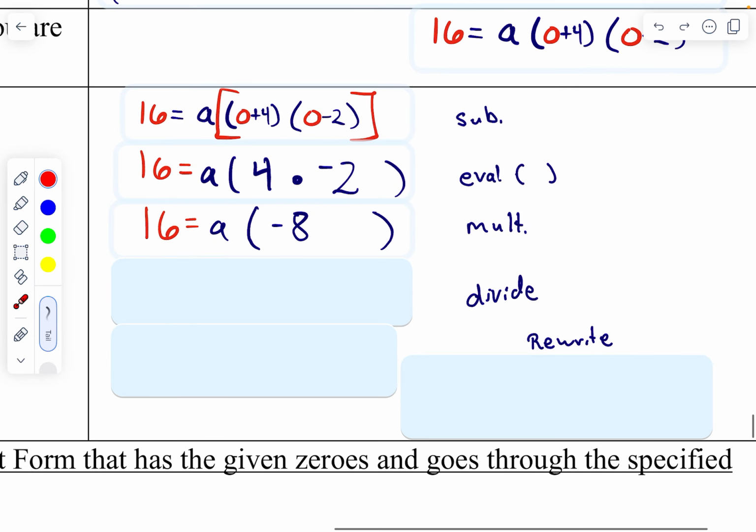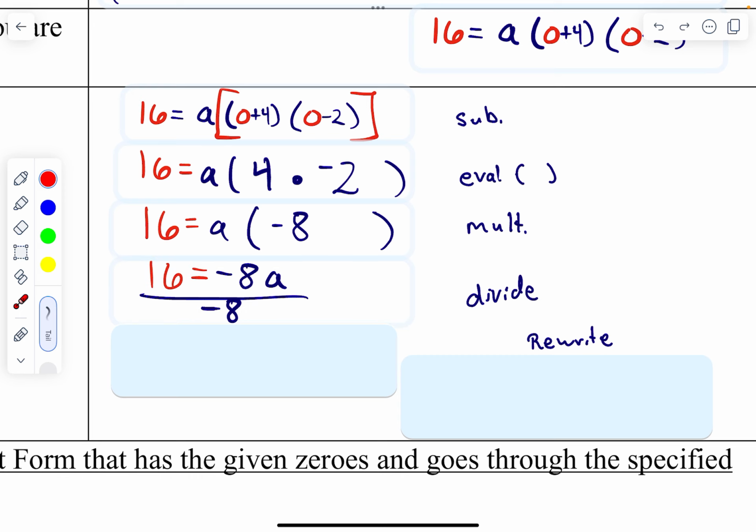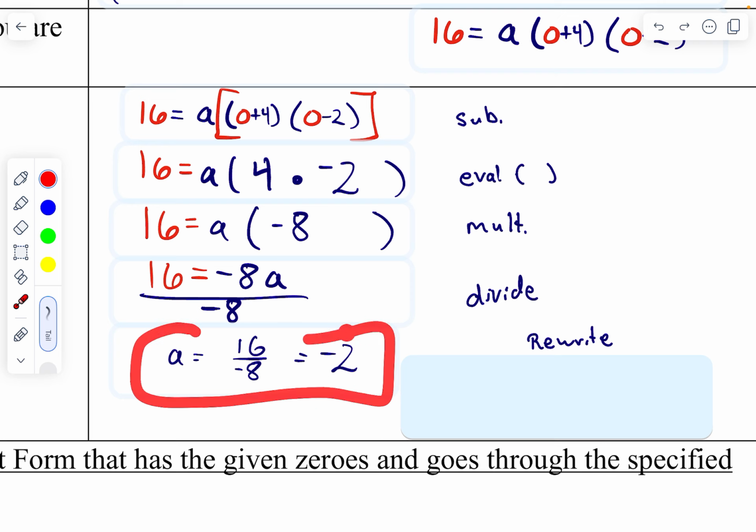And then I want to get a by itself, so I'm going to unmultiply it by -8 by dividing all the terms by -8. And finally, that gives me that a is equal to 16 over -8, which is -2. So now I actually know what my a value is.